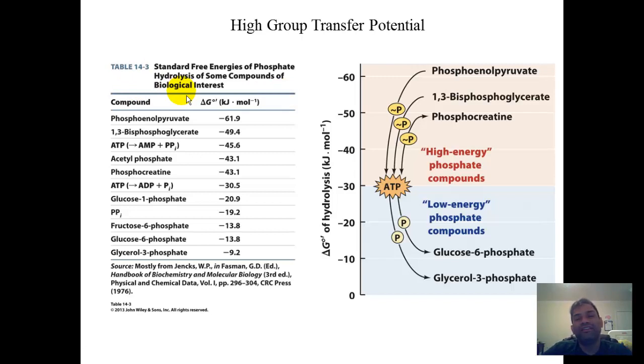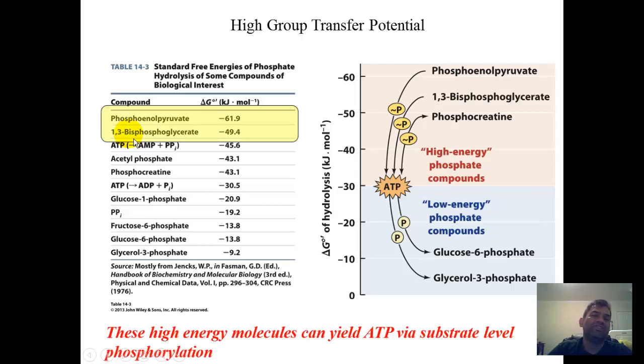We split this up into 10 steps because we have the capability of producing some really, really energetic molecules. And those two are phosphoenol pyruvate and 1,3-bisphosphoglycerate. These two molecules have what we call high group transfer potential. So if you remove that phosphate from phosphoenol pyruvate, it becomes pyruvate.